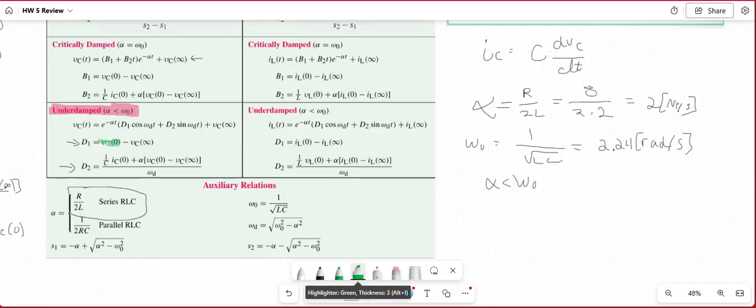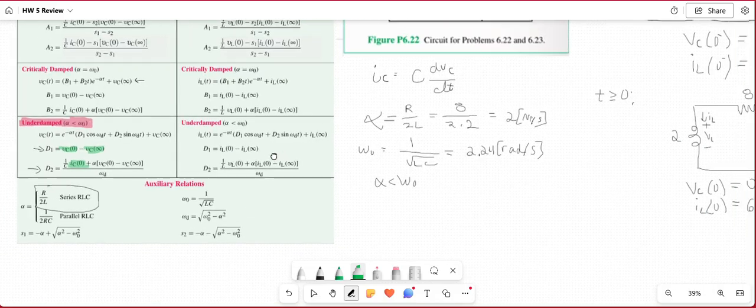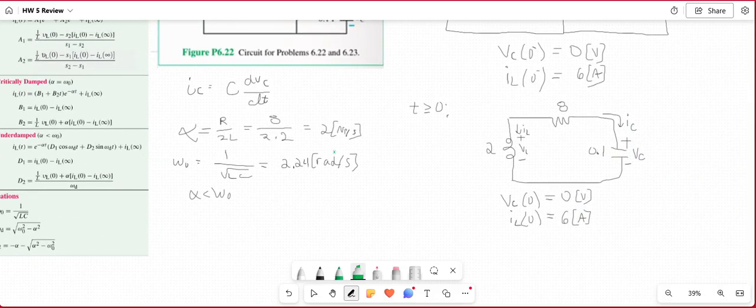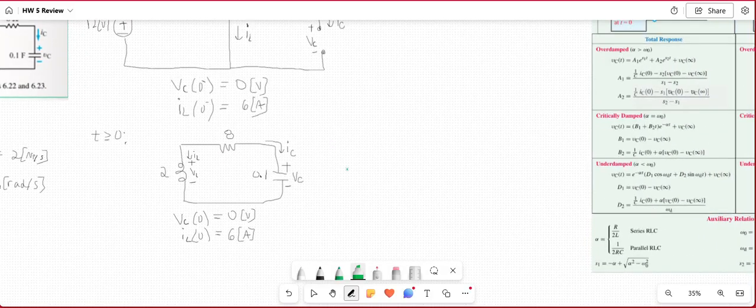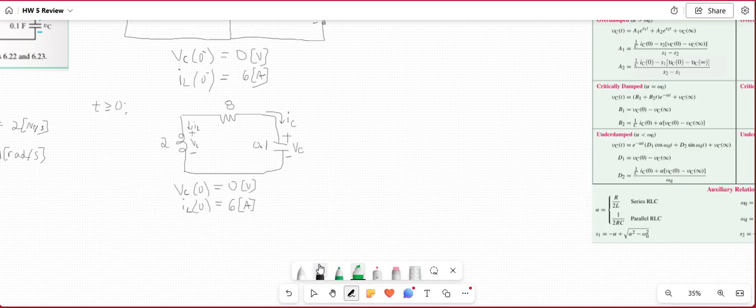We need VC of infinity, and we need IC of 0. VC of 0 was 0.